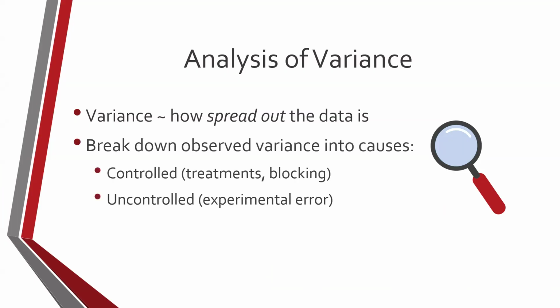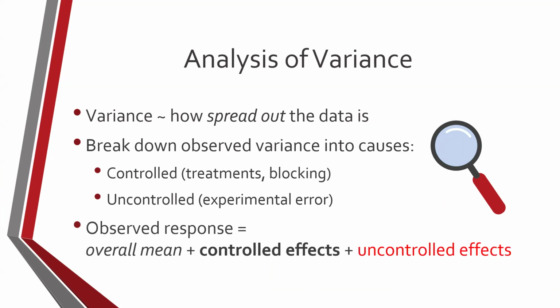So we have controlled variability that the researcher had a hand in, from your treatment structure, the blocking structure, things like that. Then everything we can't control is your experimental error. And the overall approach is we're considering the observed response really has three different components.